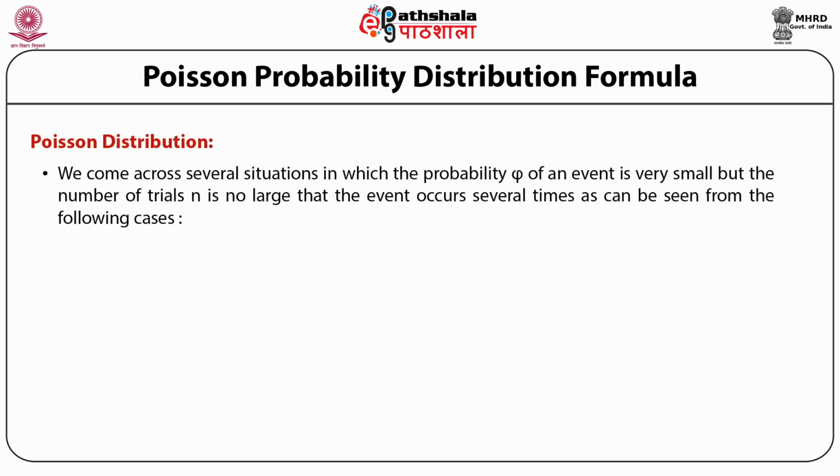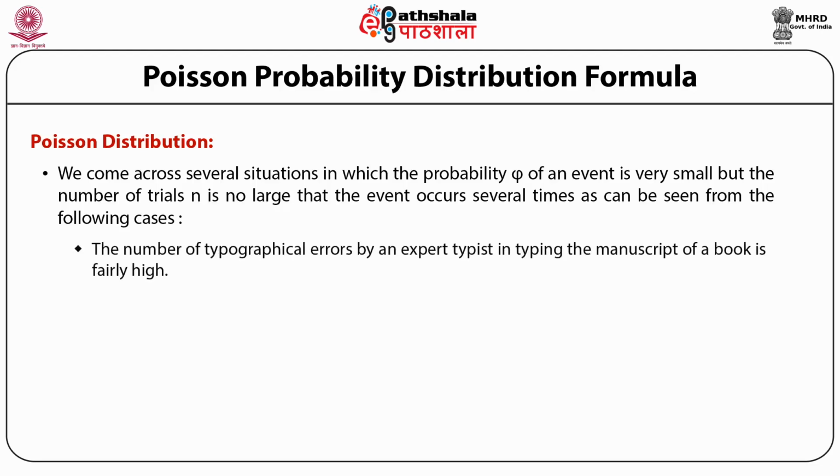Sometimes we come across situations in which the probability of an event is very small but the number of trials n is very large, so that the event occurs several times, as can be seen from the following cases. The number of typographical errors made by an expert typist in typing the manuscript of a book is fairly high.